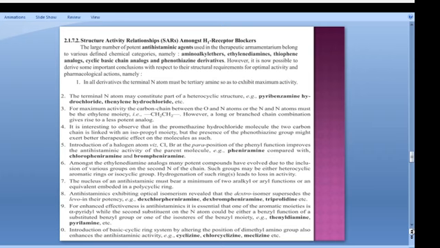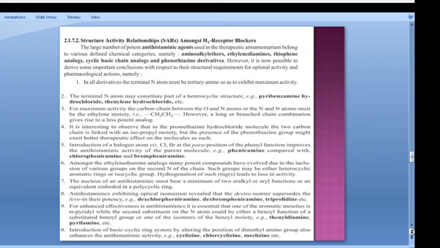First, in all derivatives the terminal nitrogen atom must be a tertiary amine, so that it exhibits the maximum activity. Most antihistaminic drugs have a terminal nitrogen that is a tertiary amine, so that's why we are getting the maximum activity.